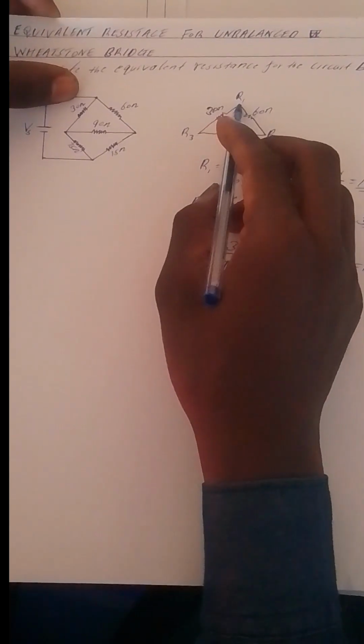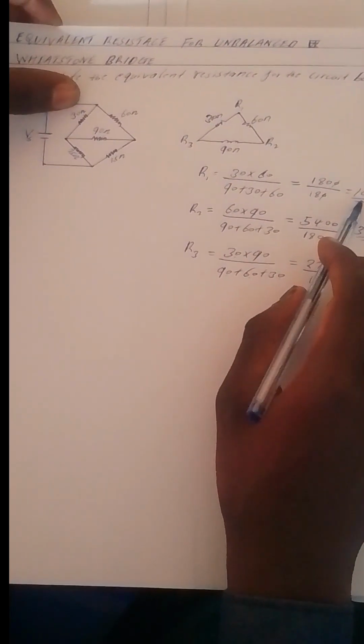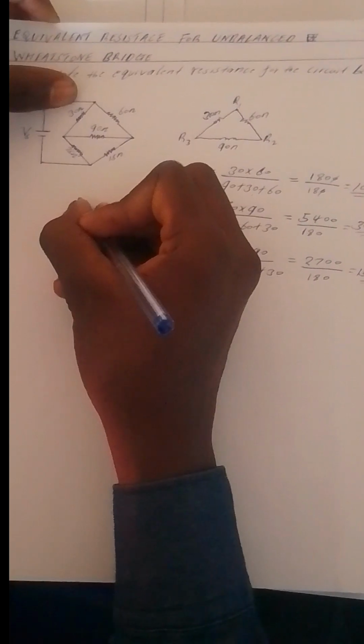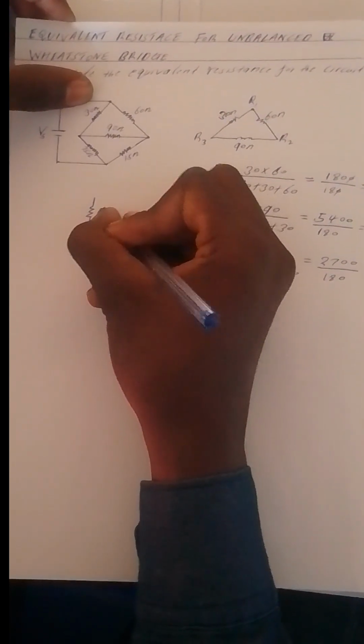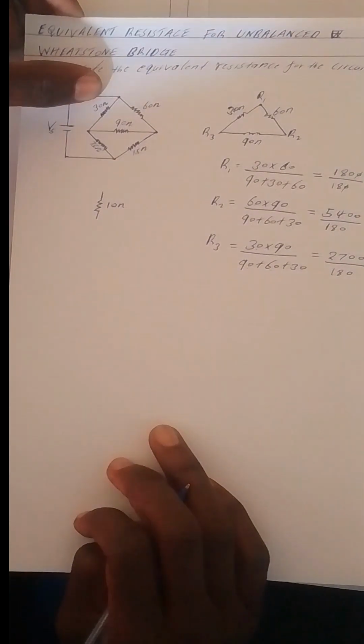Now we represent the upper loop and join it with the remaining two. R1 is at the top and it is 10 ohms.